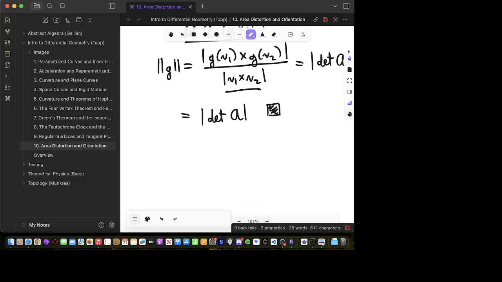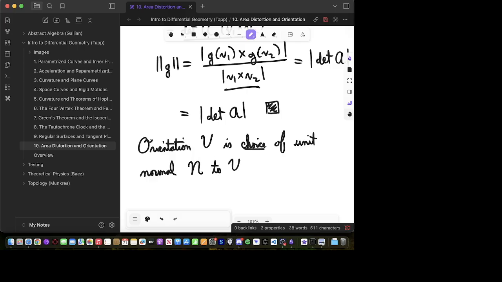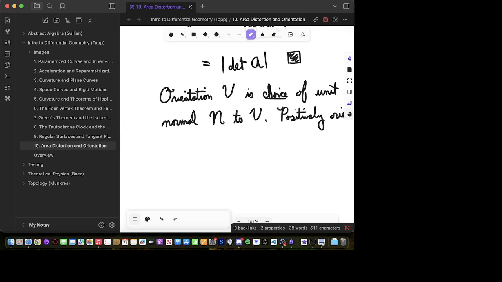So now let's talk about orientation for a subspace, a two-dimensional subspace of R3. So an orientation for V is a choice of a unit normal, which we'll call N, to V. So we say that it is positively oriented if, oh wait, I messed that up.